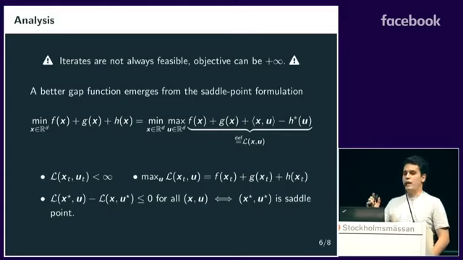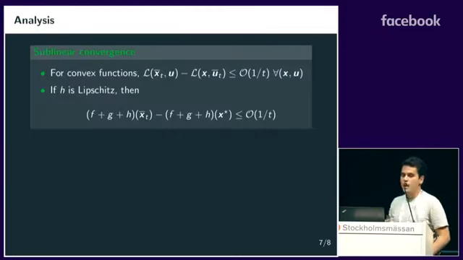And also the fact that I have a saddle point problem gives me a suboptimality criterion given by the definition of saddle point. That is, this expression is smaller than 0 only at a saddle point. So this already suggests what's going to be a good suboptimality criterion. And the kind of results that we have are basically the same ones that we can get for the non-adaptive variant, for the variant with a predefined step size, which is sublinear convergence for arbitrary convex functions.